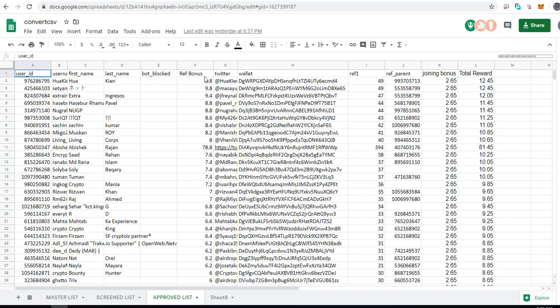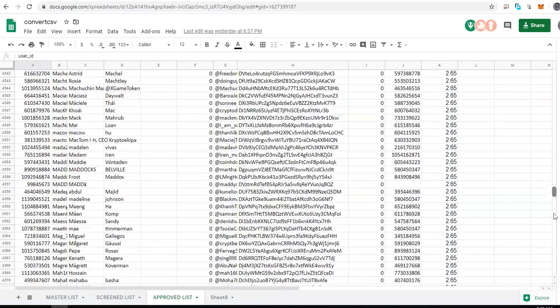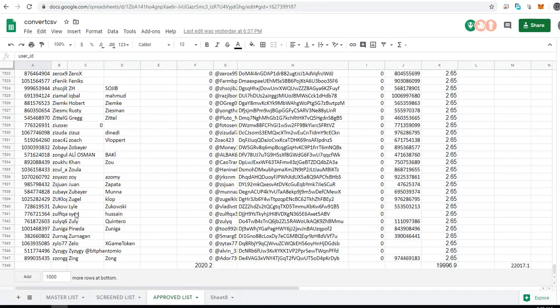Now, this is the referral bonus. For all those that had referrals, these are their bonus. And this amount is the joining bonus. Now, after the whole screening, the total number that qualified after the whole screening is about 7,546 I presume.